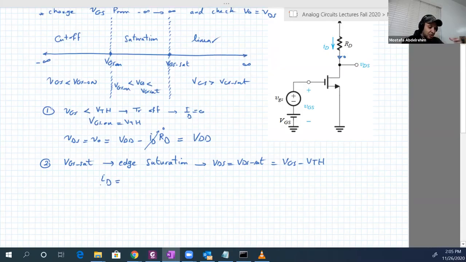So I mix small letters for the symbols and capital letters for the subscripts to say that we have AC superimposed on some DC. So ID will equal half Kn times VGS minus V threshold squared.